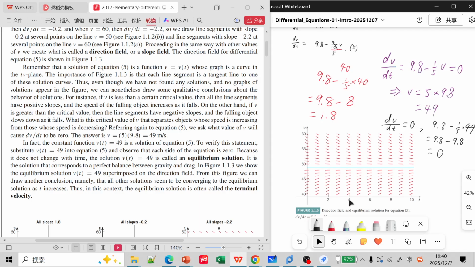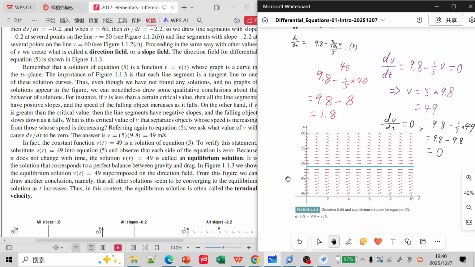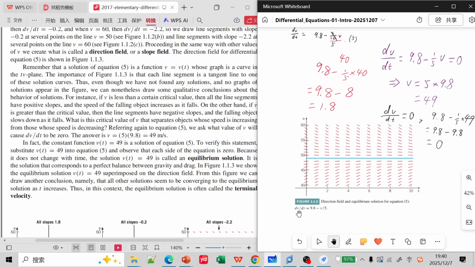In figure 1.1.3, we show the equilibrium solution V of t equal to 49, here, superimposed on the direction field.